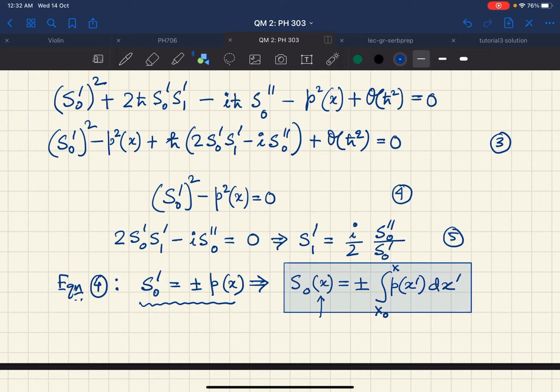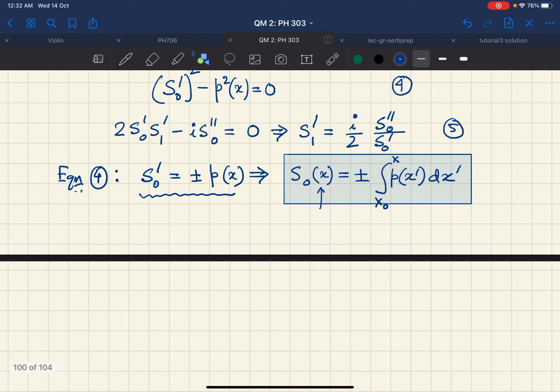We have written down the solution s0 of x, and you can also immediately see that our p of x is known. If you know the energy of the particle, then p of x is completely known, and therefore we know exactly what this s0 of x is, because p of x is known given the energy. So s0 of x we have figured out.